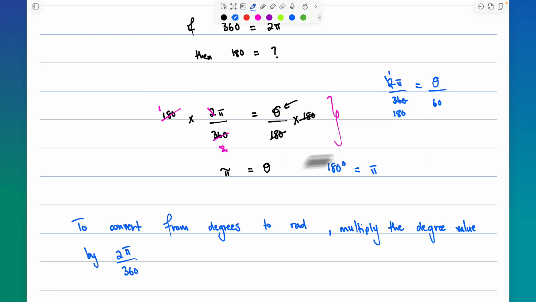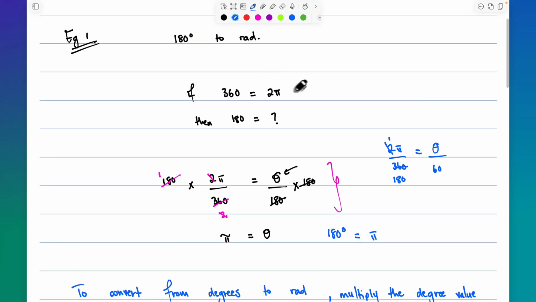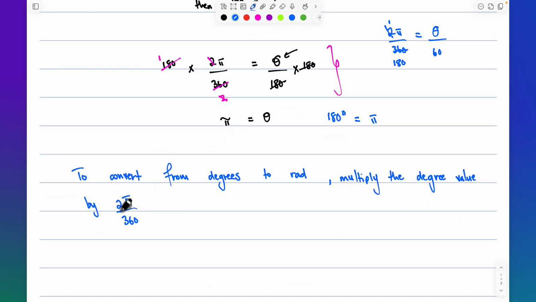So instead of using 360 is equal to 2 pi, we can say 180 is equal to pi, then what's the angle? So you can multiply by 2 pi over 360, or more simply, multiply by pi over 180. As long as you know this conversion, then you're fine. Just multiply by pi over 180 to turn degrees into radians.